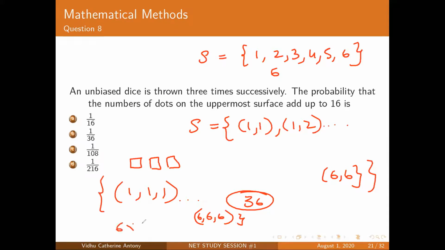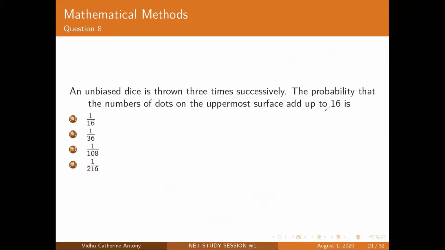I multiply 6 into 6 into 6, which gives me 216. Now what have they asked me to do? They want me to look at the number of dots on the top. Each of these dice will have some number of dots on the top, so it's going to be 2 or 3 or 4 that's facing up. Now I take something like 6, 6, and 6.